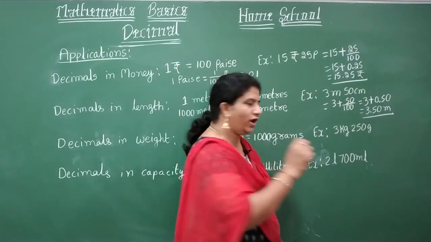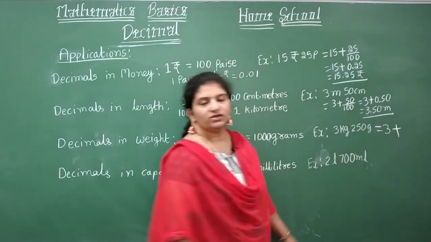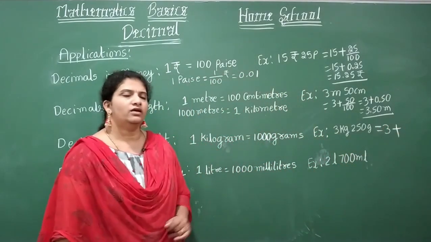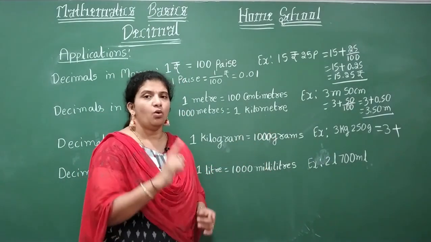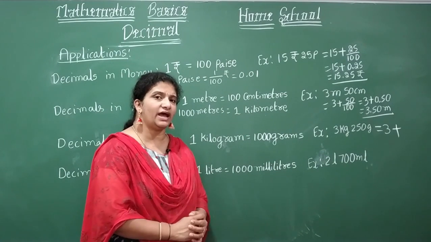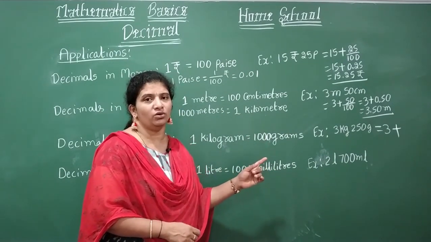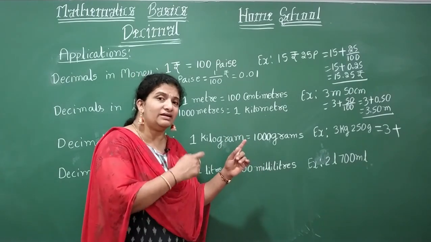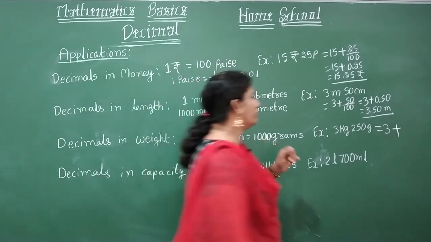Where 3 is the whole number part, you can write it as 3 plus 250 grams, children. In the form of kgs you need to convert. 1 gram is equal to 1 by 1000 kg, right? So you need to convert this.